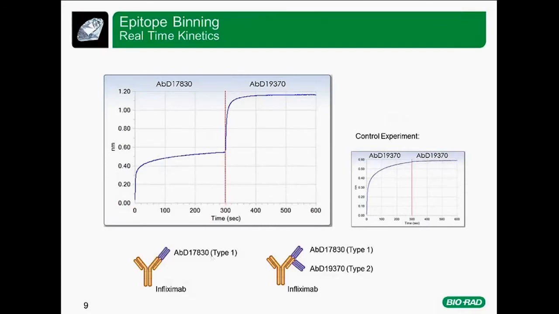There is a nice binding, and after saturation, the sensor was dipped into solution containing a second anti-idiotypic antibody, the type 2 antibody ABD19370. And you can clearly see a nice additional binding, and this is the same as if this antibody was applied as a first antibody in the control experiment. So these 2 antibodies clearly bind different epitopes.